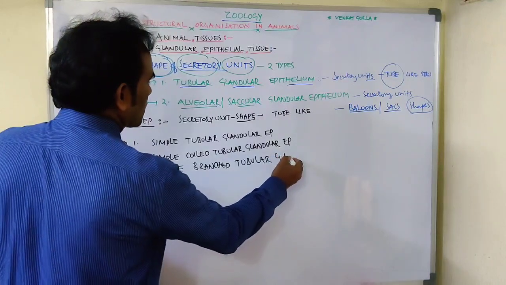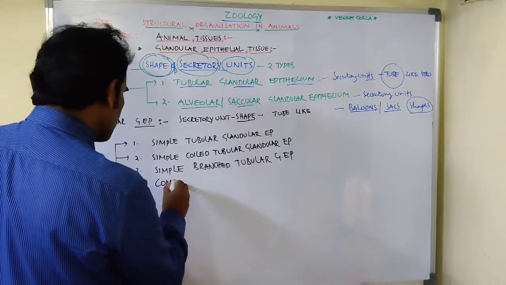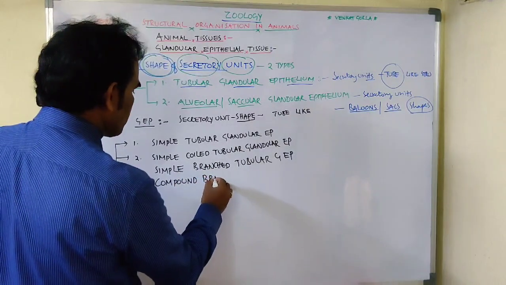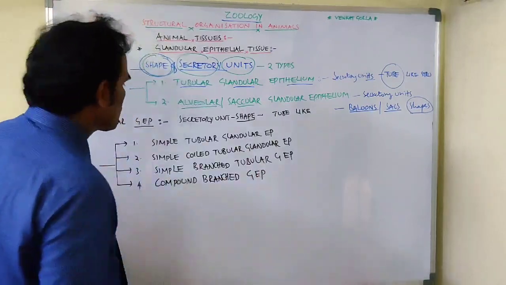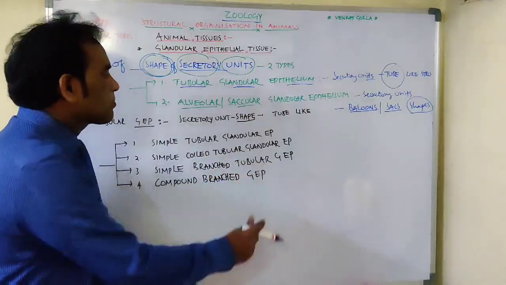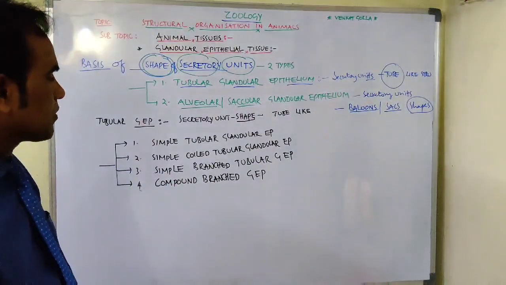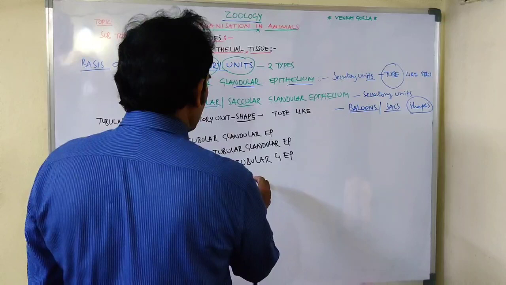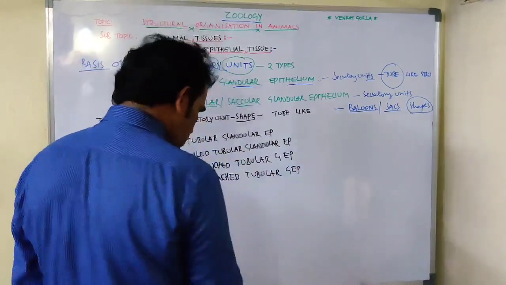And number four is compound branched tubular glandular epithelium.